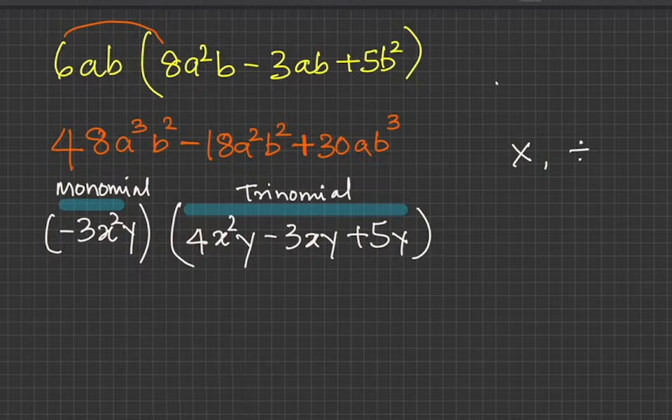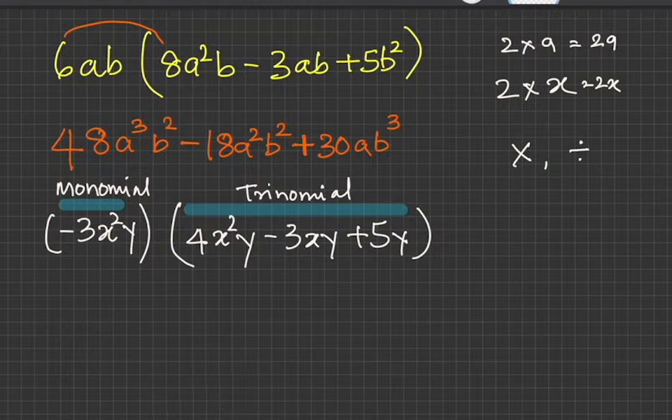Like for example, 2 times x or 2 times a, they're not considered as two terms. It is a monomial because after multiplication I get 2a or 2x. So after we complete the operation, they become one term.